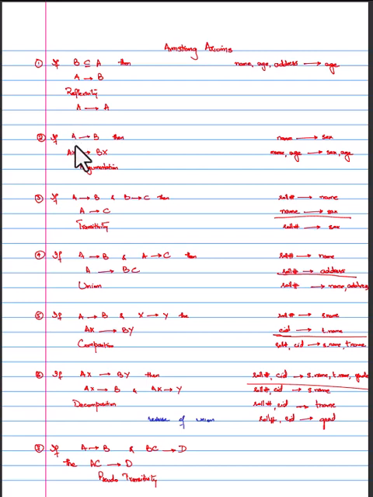The second property says that if attribute A identifies B, then AX should identify BX. This property is called augmentation. Suppose A is a student ID and B is an address.